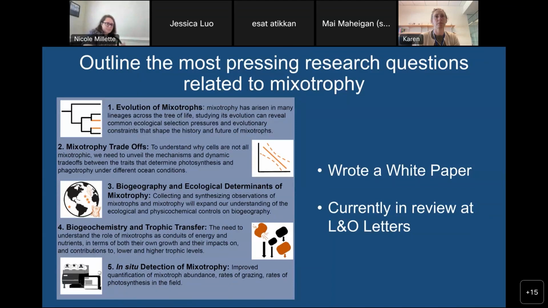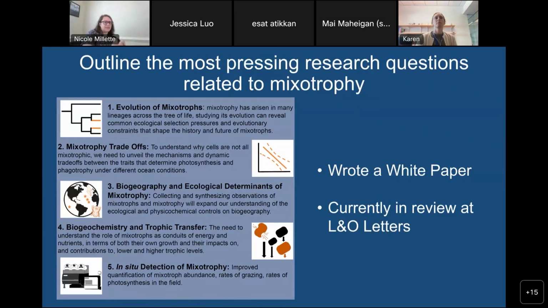From there, we talk about mixotrophy trade-offs. So, being a mixotroph, you have access to 2 different types of nutrient modes, which is really beneficial. You should never go hungry under those conditions, theoretically, but not every cell is a mixotroph.